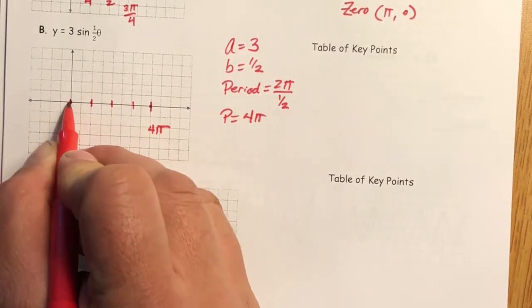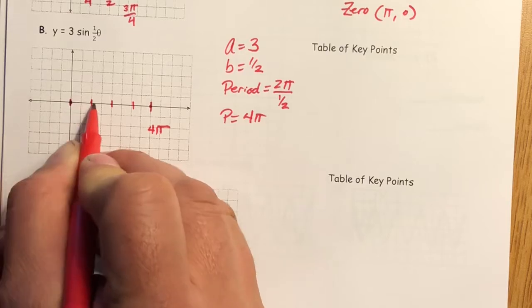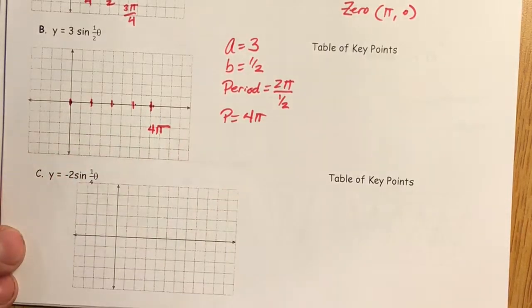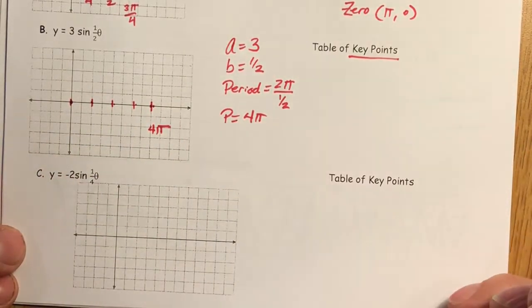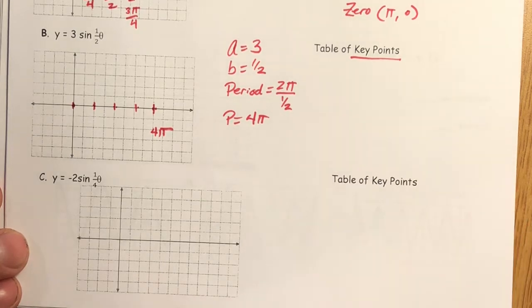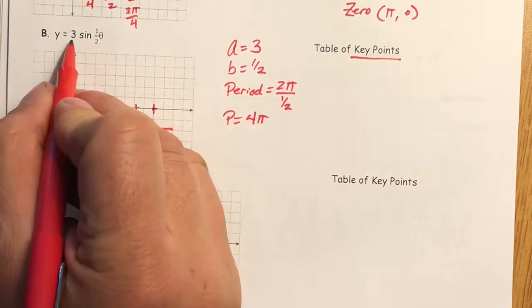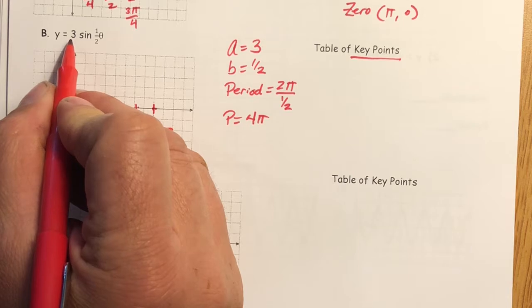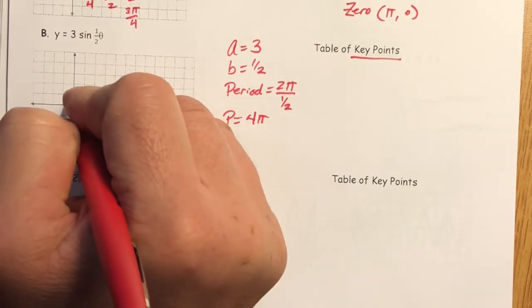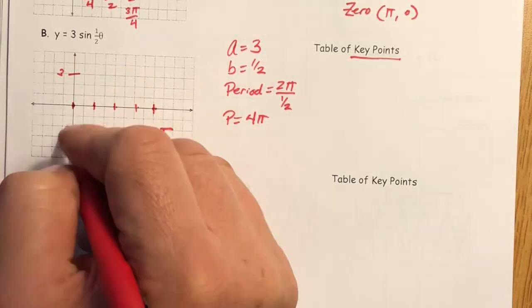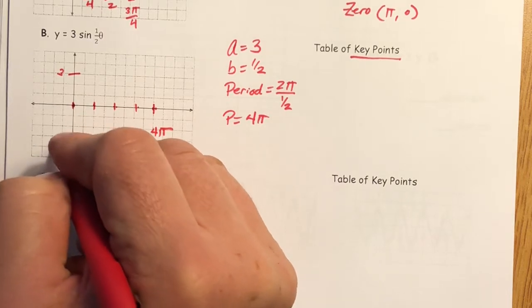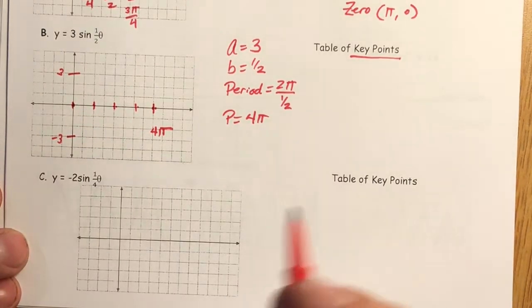Now, if you look at all the points, we've got 1 point, 2, 3, 4, 5. And those are my 5 key points that we have to label, okay? So we know that my amplitude is 3. So we're gonna go 1, 2, this is 3, 1, 2, this is -3. Okay, here we go.